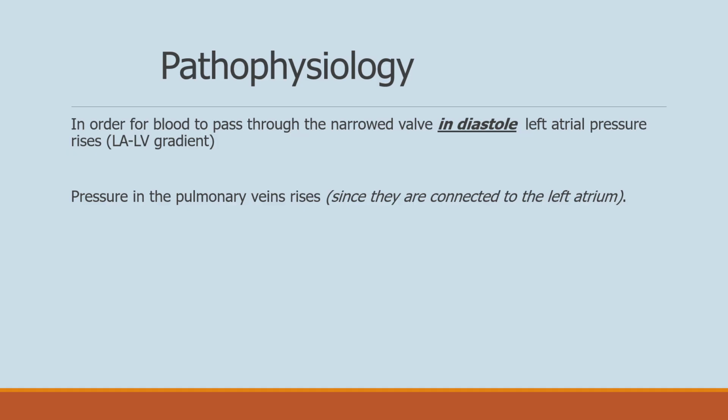So if there is a narrowing in the mitral valve, the left atrial pressure will have to rise to propel the blood across this stenosis. So if the left atrial pressure rises, the pulmonary vein pressure rises, and the pulmonary venous pressure, of course, receives blood from the pulmonary artery through the pulmonary capillaries.